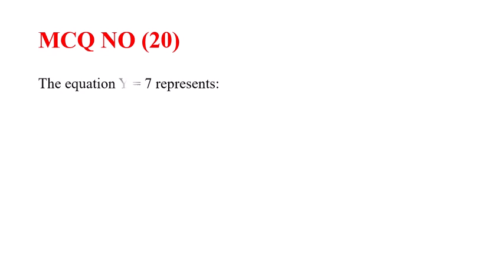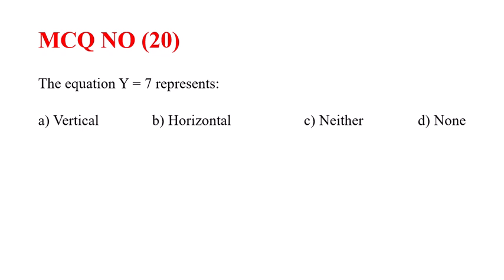MCQ number 20. The equation y is equal to 7 represents: option A is vertical, option B is horizontal, option C is neither, and option D is none.